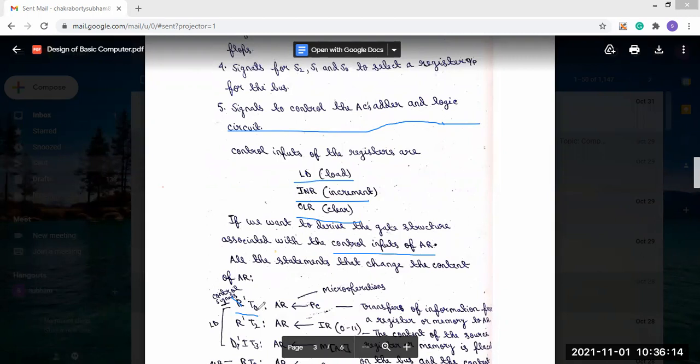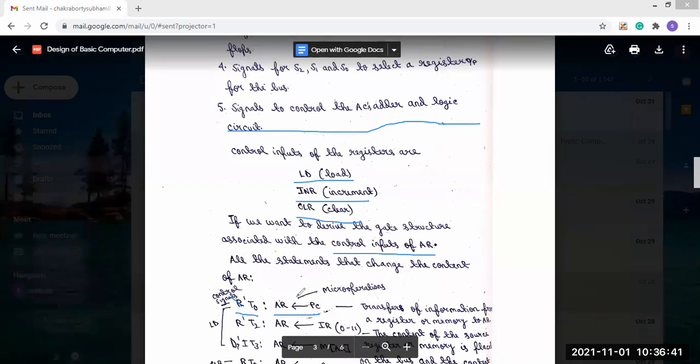So R' T0: AR ← PC. That means the data stored in the program counter is transferred to the address register.